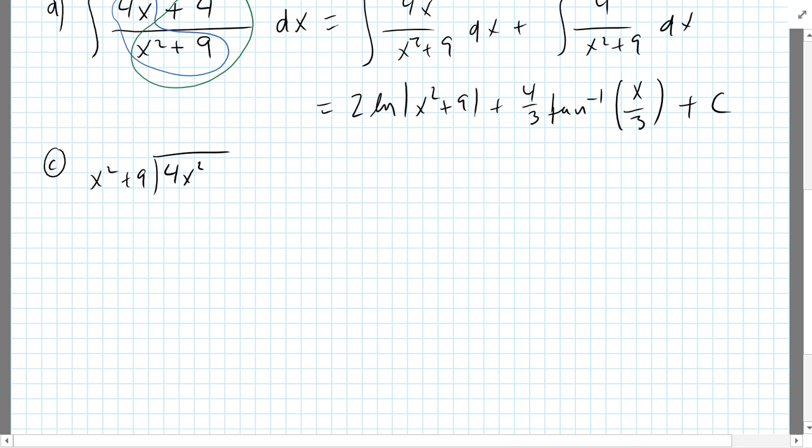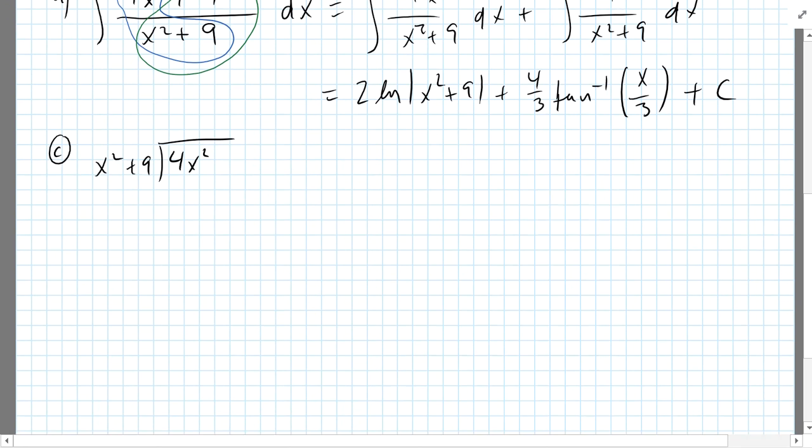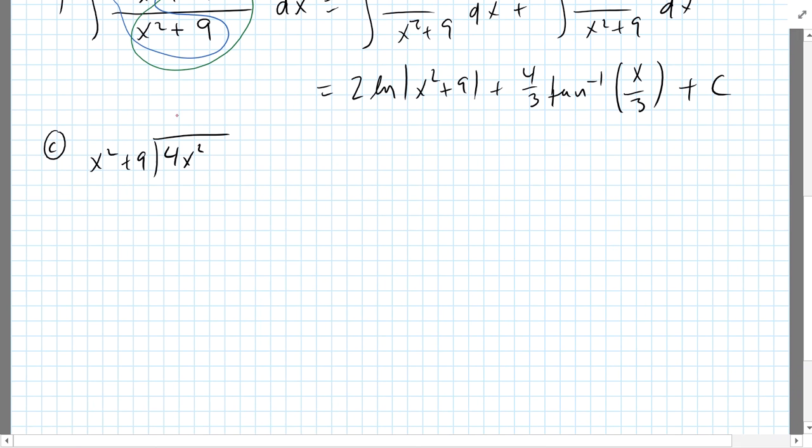You can do synthetic division, but I'm not going there because y'all can barely remember anything from last year. And you should have seen Algebra 2, I can't remember. Alright, so I'm looking at this, I got an x squared, I got a 4x squared, that means I have to multiply by 4. So that means I have 4x squared plus 36.